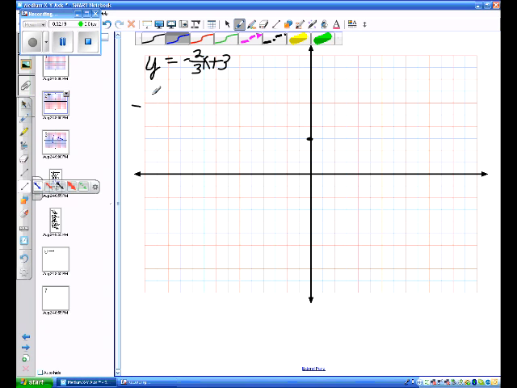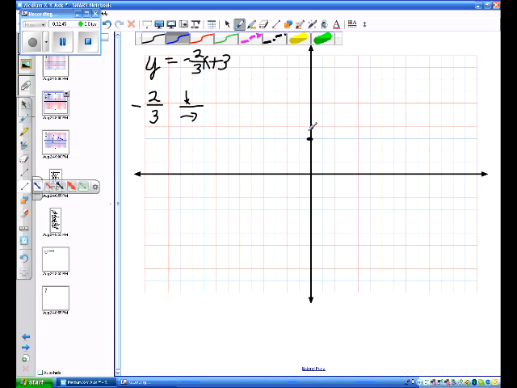What I usually do with a negative slope, then I go down. I deal with my positive and negative with my rise. If it's positive, I go up. If it's negative, I go down. My run, I always go to the right if possible. So this means I'm going to go down 2 and then to the right 3. That's going to give me a negative move.